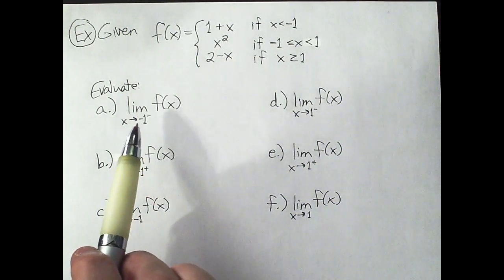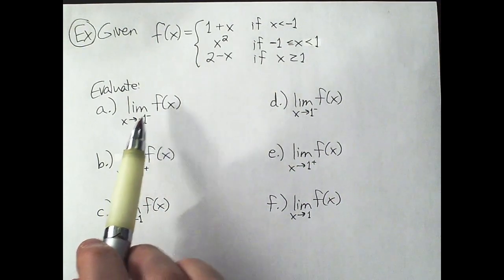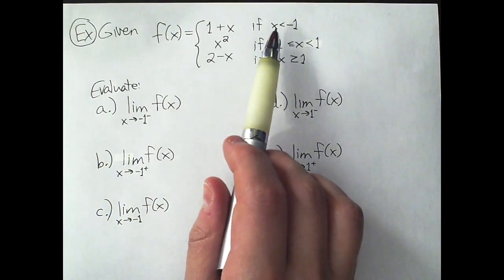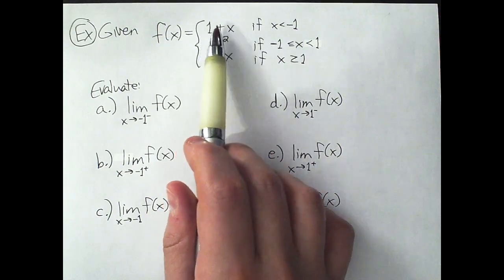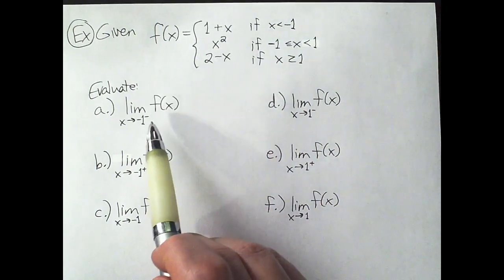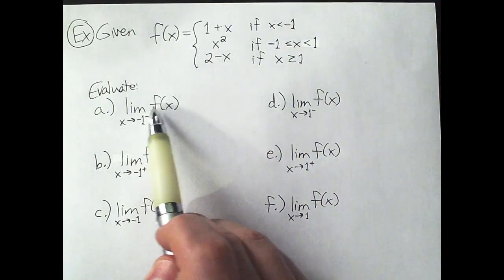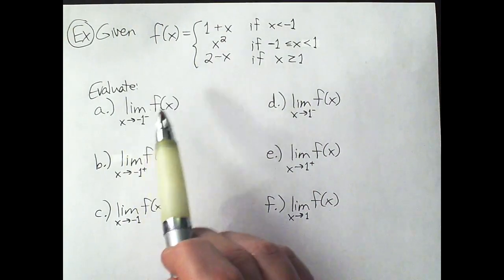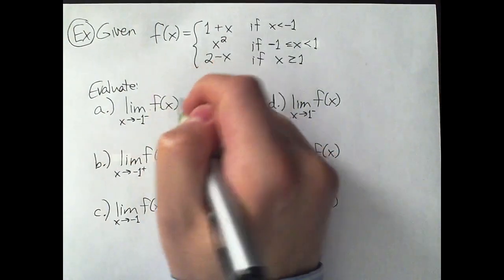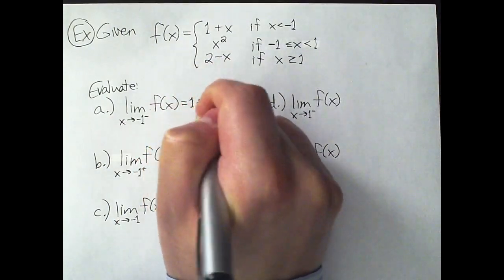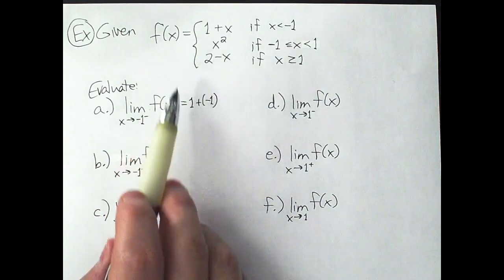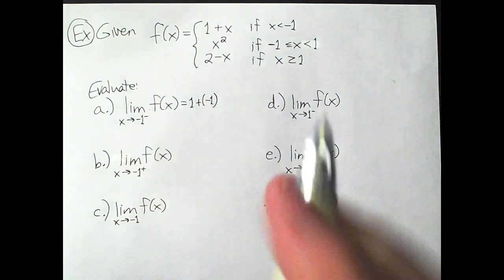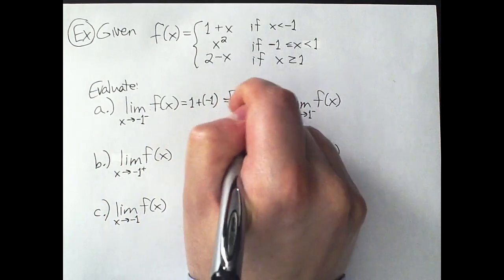To the left of -1 means we are a little bit less than -1. So it's following this rule, 1 plus x. And the limit of 1 plus x as x goes to something, 1 plus x is just a polynomial, so we are allowed to just plug in x. 1 plus x is 1 plus -1, and this is going to give us 0.